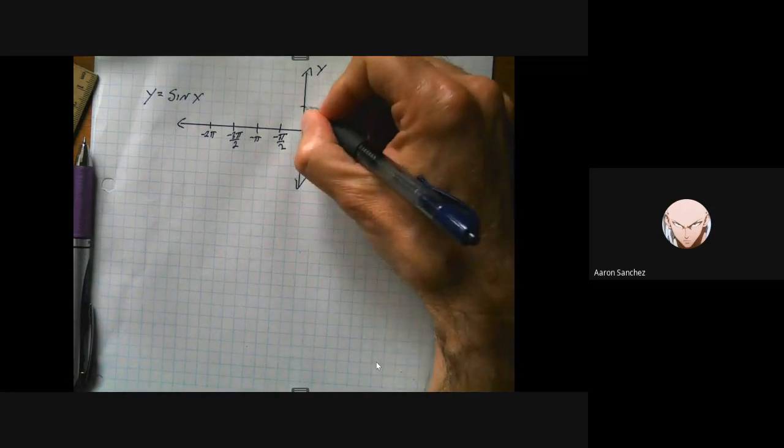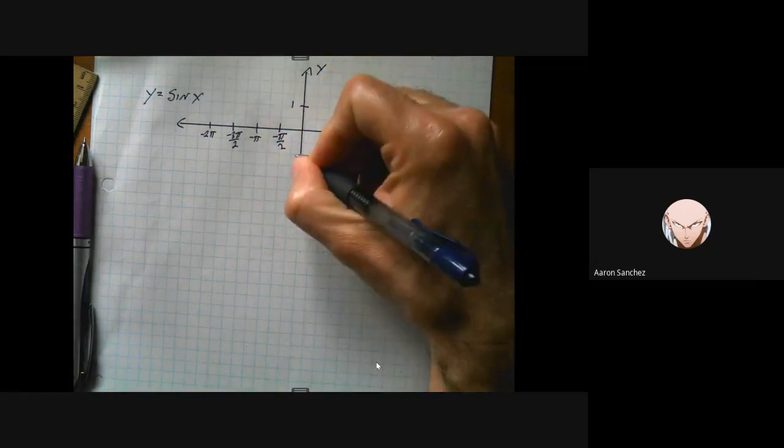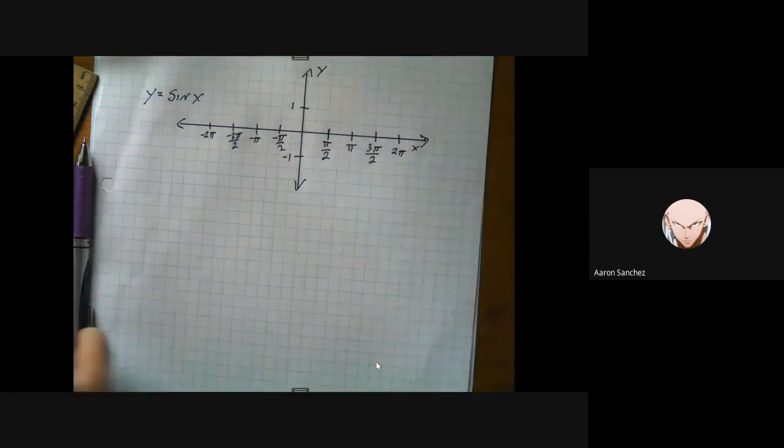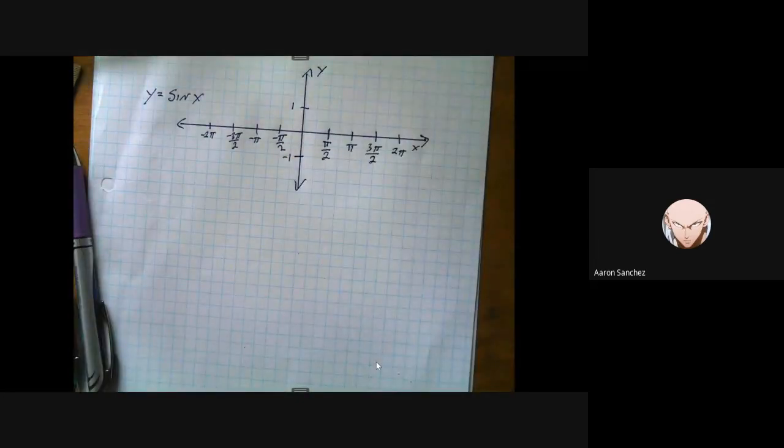On my y-axis, I'm just going to increase by 1. Negative 1. Okay, there you go. Now let's graph y equals sine of x. You should have all this set up right now.